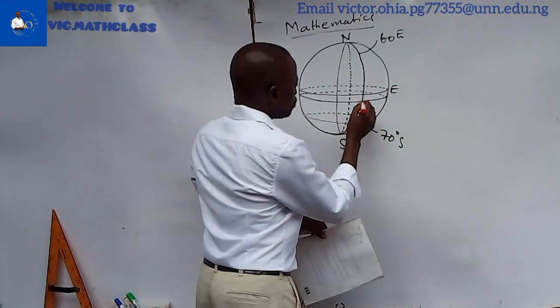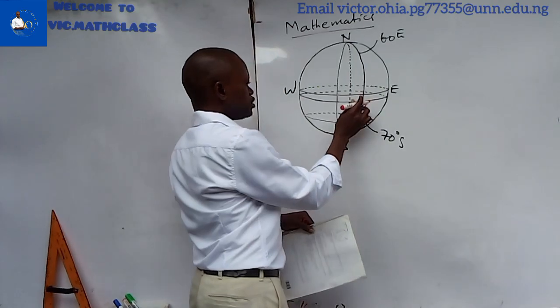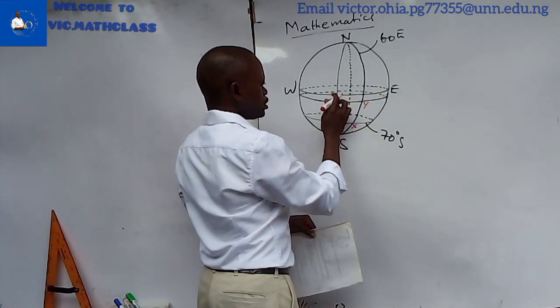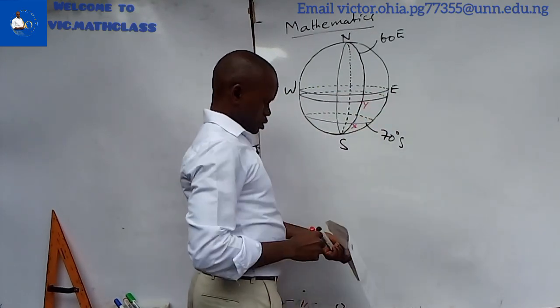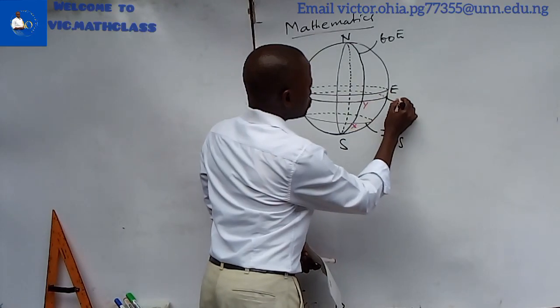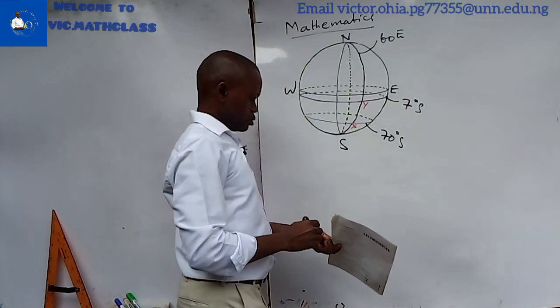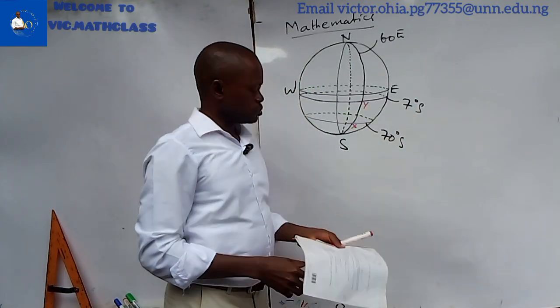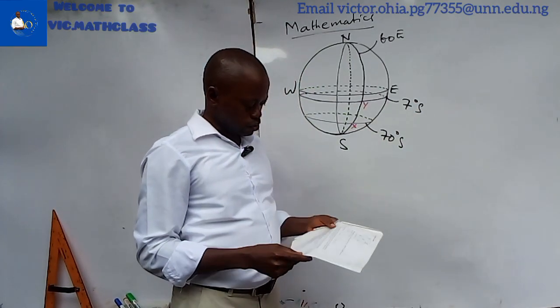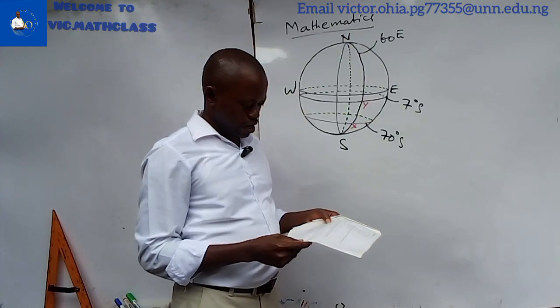This is Y, at this point of intersection of this line of longitude and this line of latitude. Let me also label this one 7 degrees south. So with this now, we've answered question I that says illustrate the information in a diagram.